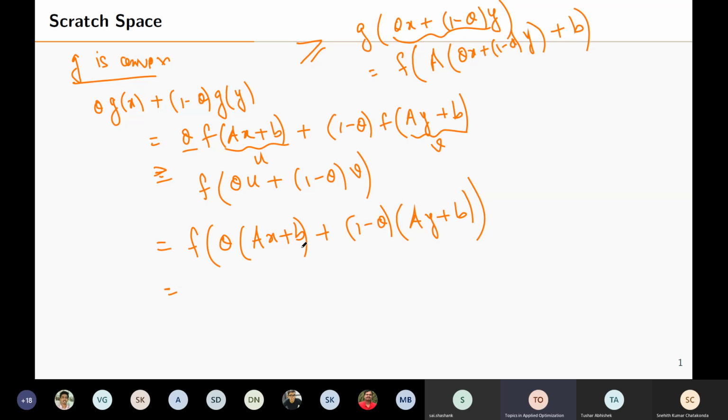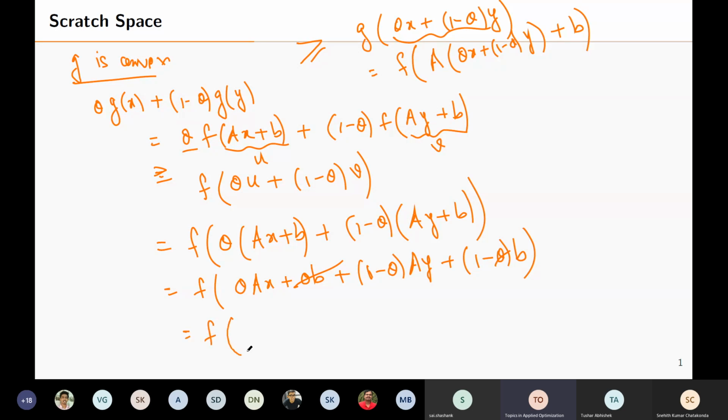So this is f of theta Ax plus theta b plus 1 minus theta Ay plus 1 minus theta b. Okay, so plus theta b and minus theta b gets cancelled, so 1b remains, and theta of Ax is there, so we can take A common.